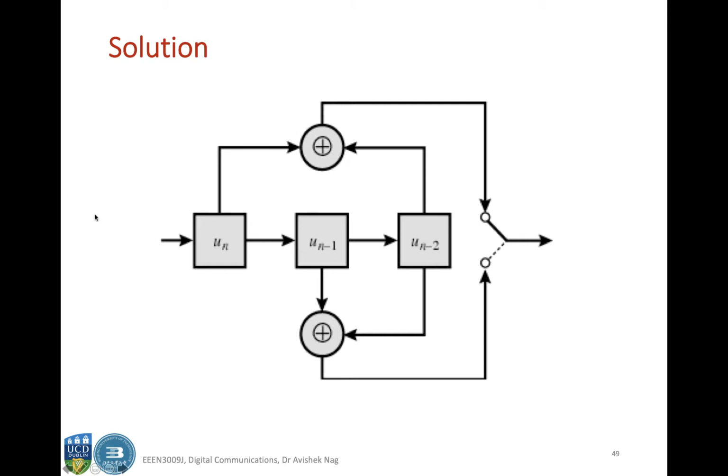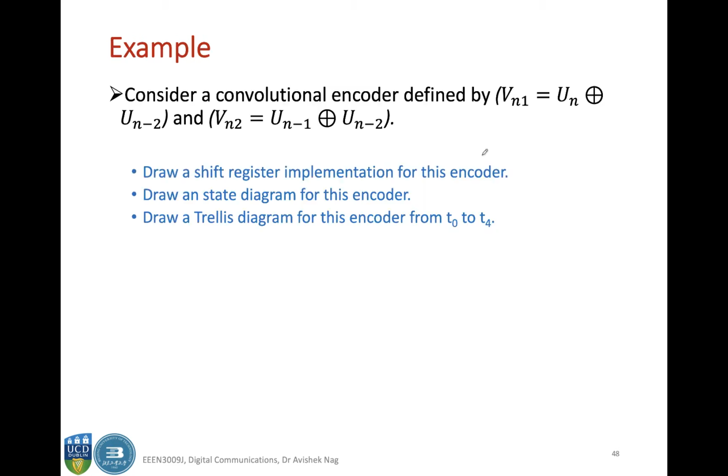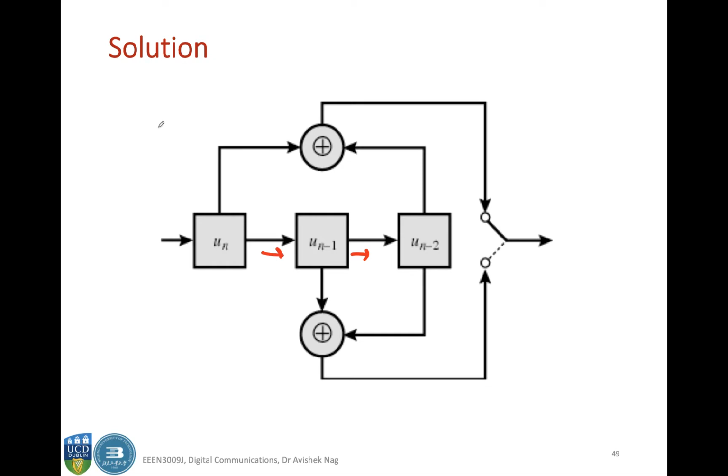So this is how your encoder would look. You have the input which is coming directly to the un register, and then you have un minus 1 and un minus 2. Everything is shifted in this direction, and your vn1 is un plus un minus 2. So you just take out two arrows from un and un minus 2, do a modulo 2 add, and this is your vn1.